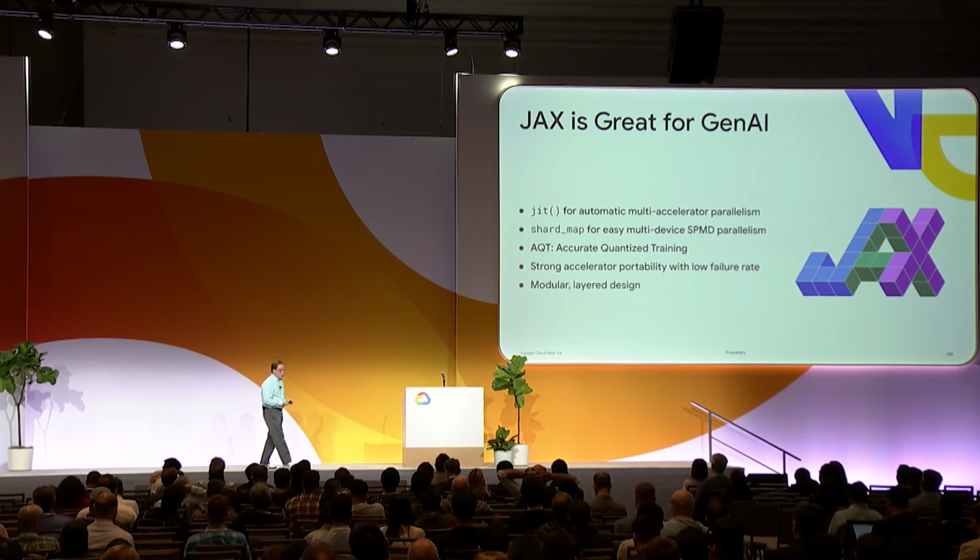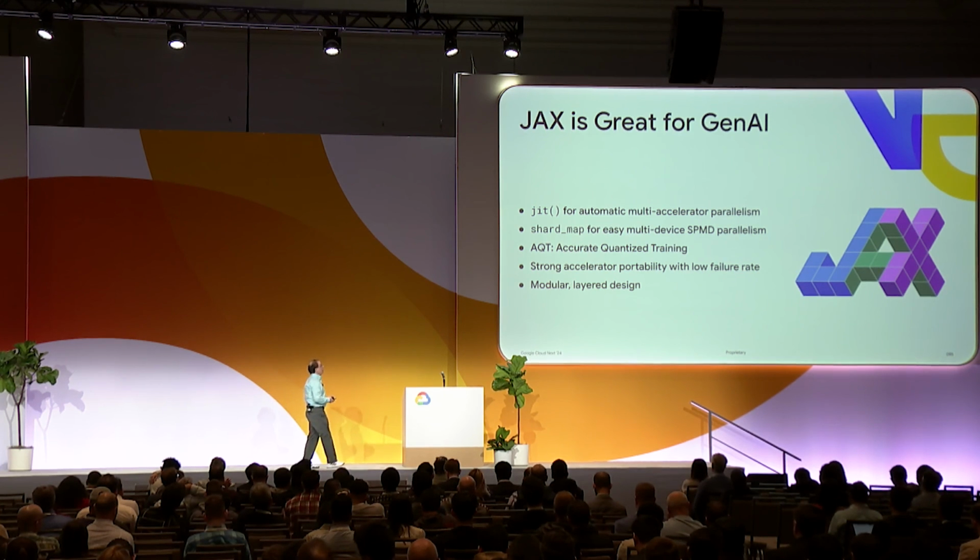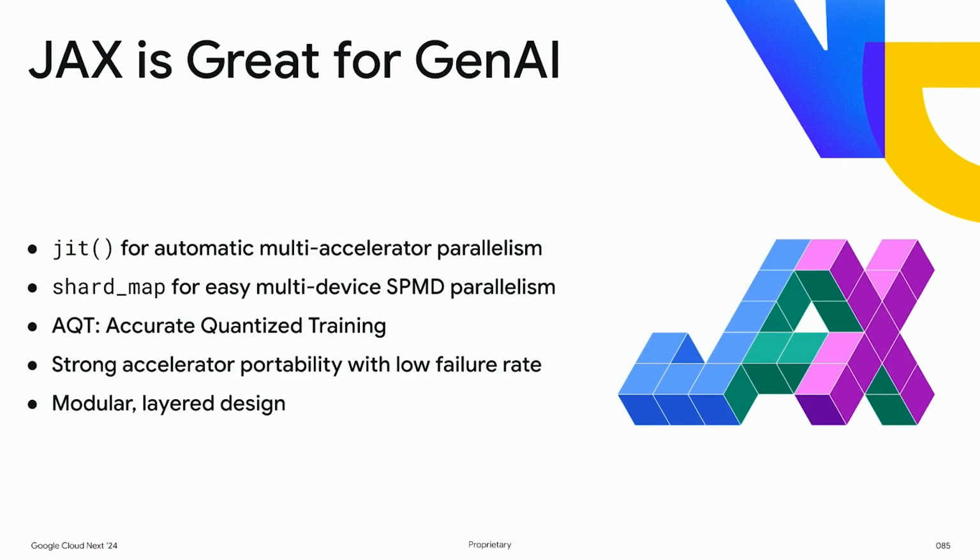You can do sharding. JIT as a just-in-time compiler becomes very important. You can do quantization. And we saw, with just a couple lines of code, quantizing a model from FP16 down to int8. It's a modular, layered design that is designed to be adaptable and flexible because as things move forward, that becomes really important.